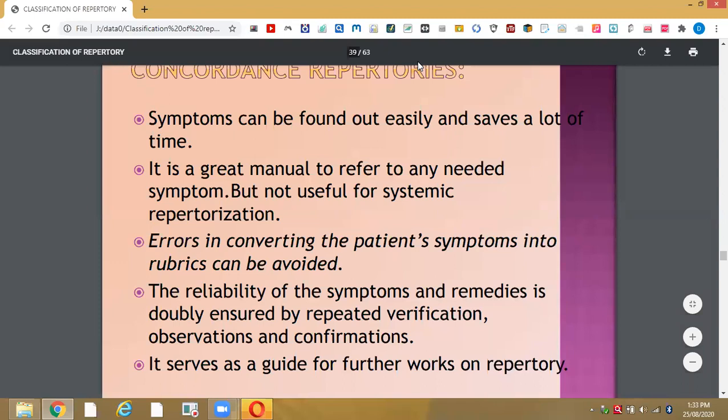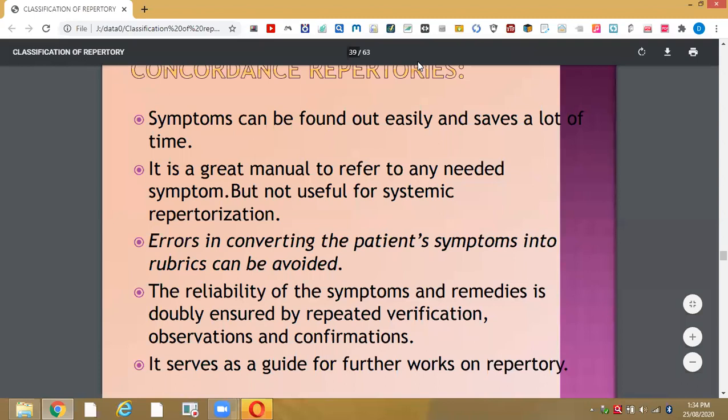So many times what happens is when we convert the symptom into the language of repertory, we find difficulties in finding out that rubric in the repertory, because many rubrics are misplaced in many repertories, or due to the lack of knowledge of the arrangement of that repertory, the physician cannot find that rubric.